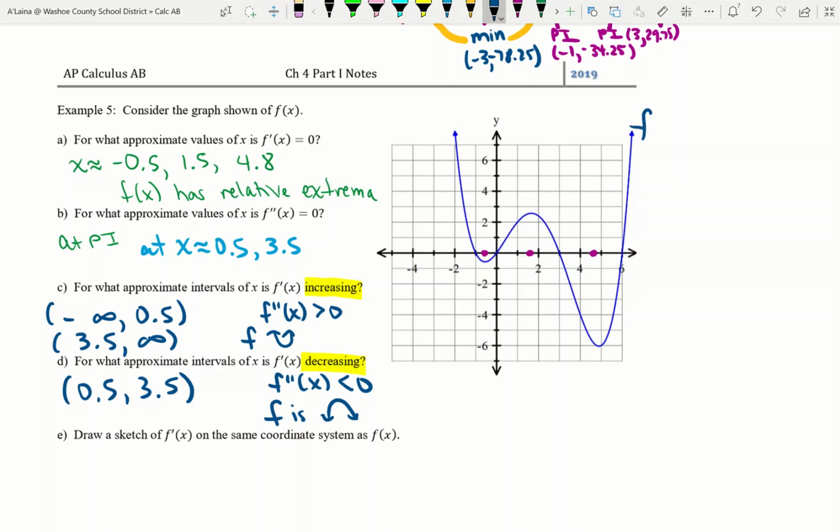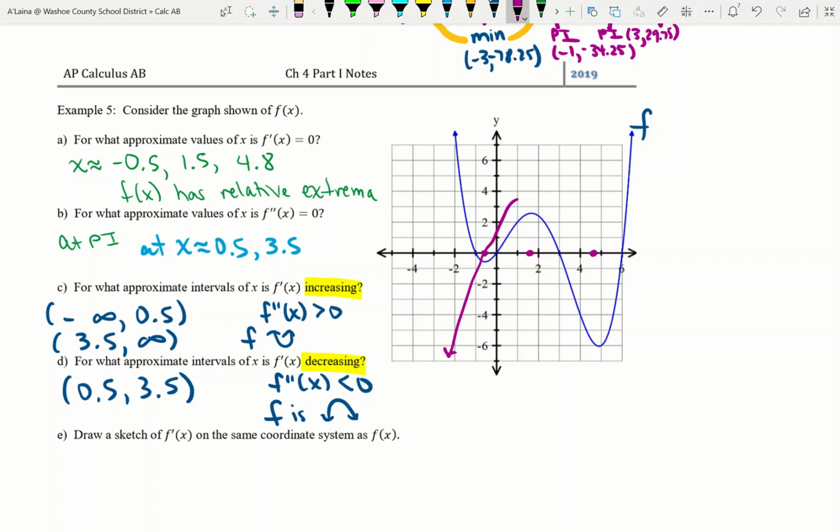I'm going to write f prime in a purple color. Well, I'm starting off, as I go from left to right, where f is decreasing. What that would mean is that f prime would have slopes that are below the x-axis. Then f turns and increases. So I should have positive slopes.